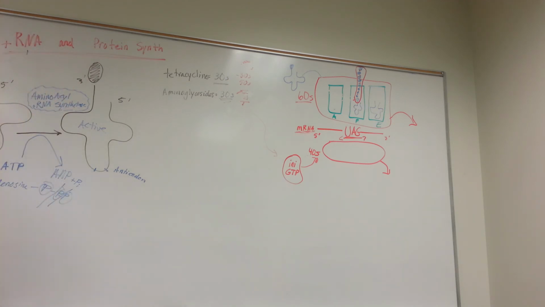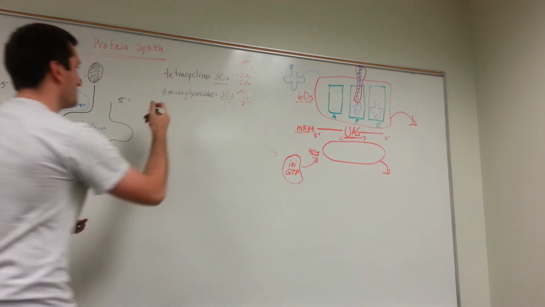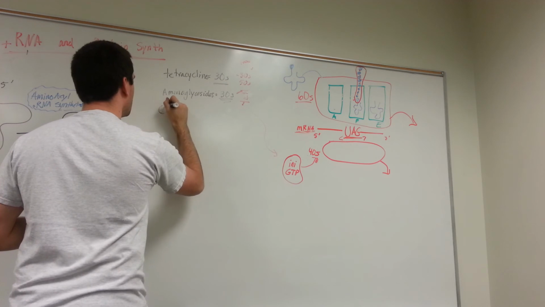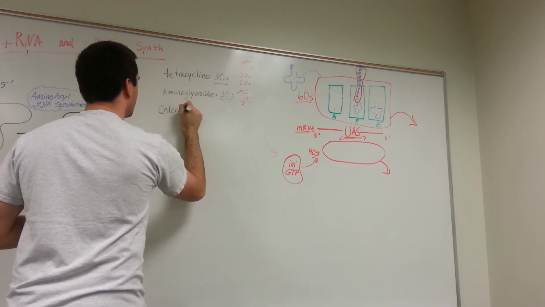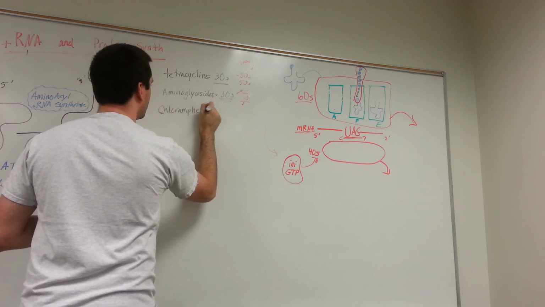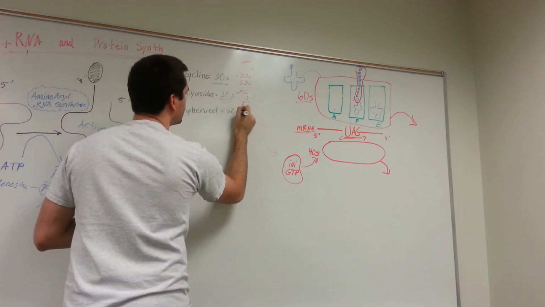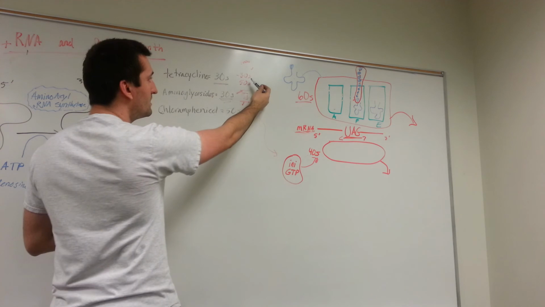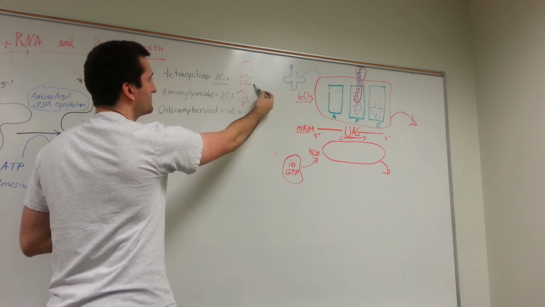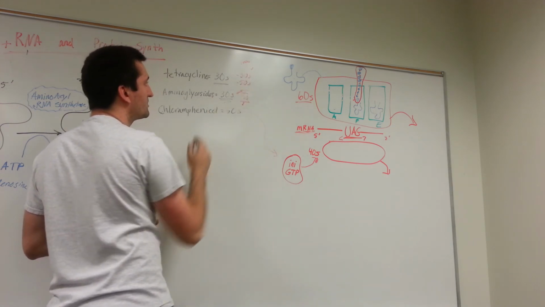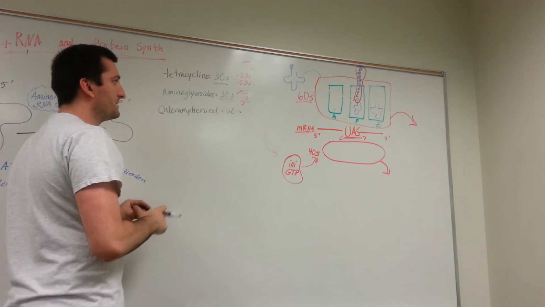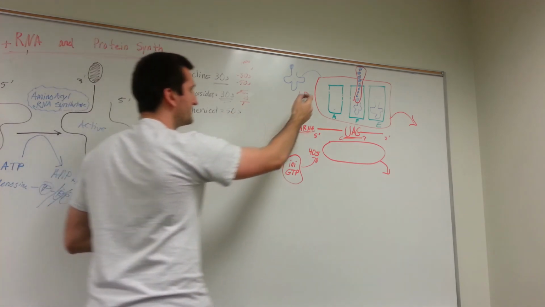All right, next we've got chloramphenicol. Chloramphenicol is going to block the 50S subunit. So remember, we're still talking about prokaryotes. Now we're going to affect the large subunit, and it's going to block this step right here.